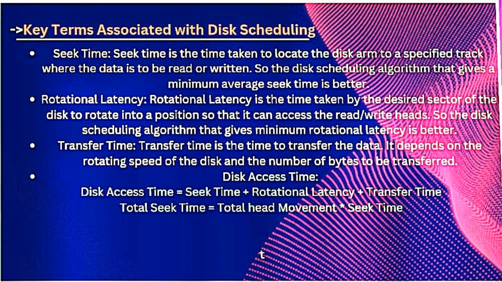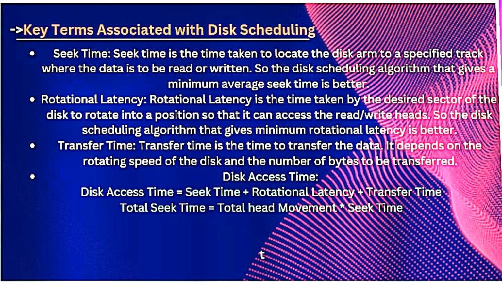Next one is rotational latency. Rotational latency is the time taken by the desired sector of the disk to rotate into a position so that it can access the read heads. So the disk scheduling algorithm that gives minimum rotational latency is better.